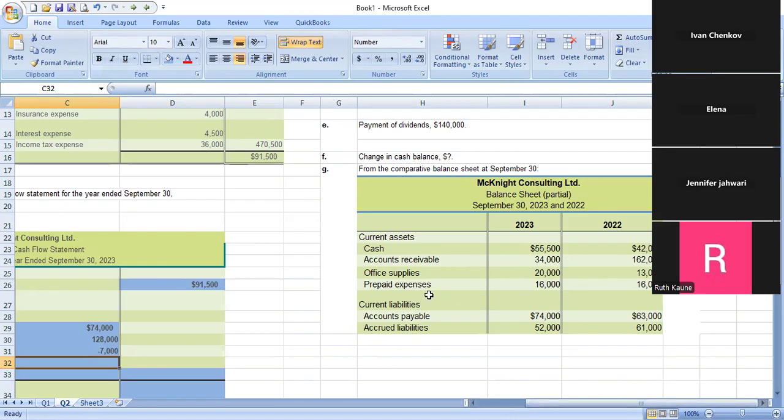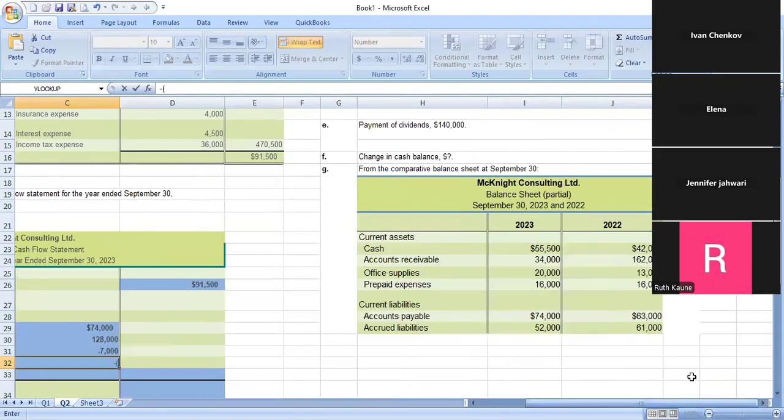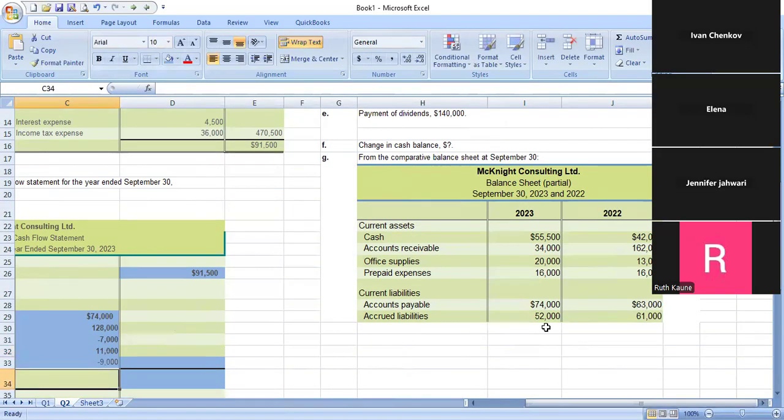Then I'm moving to the liabilities. Once I move to the liabilities, using the same formula, don't forget negative, bracket, beginning balance minus the ending balance, close the bracket, enter, it gives you the number. And the next one is again minus, bracket, beginning balance minus the ending balance, close the bracket, boom, done.